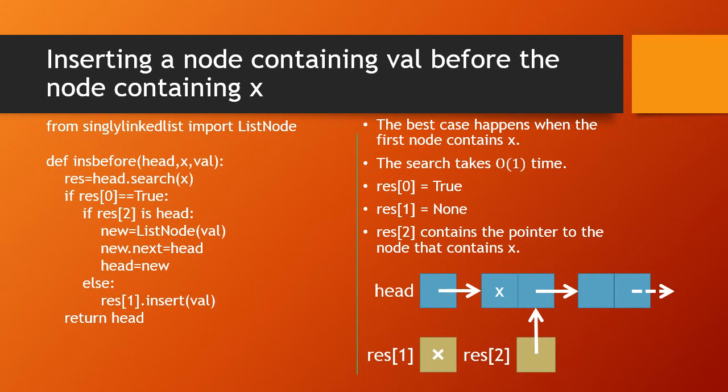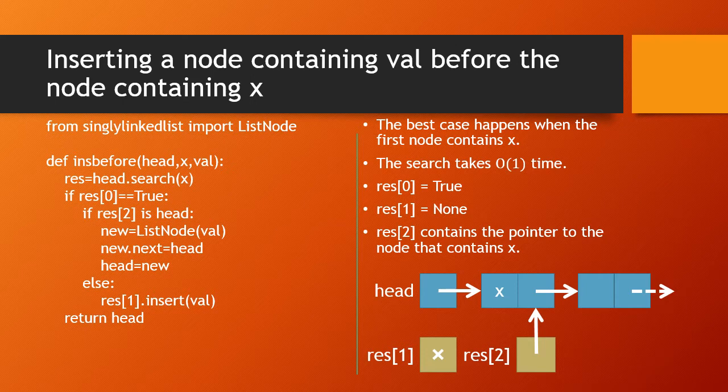We move to the if condition, where we check if res 0 is true, and this is true. Then we move to another nested if, and we check if res 2 points to the same place where head points.